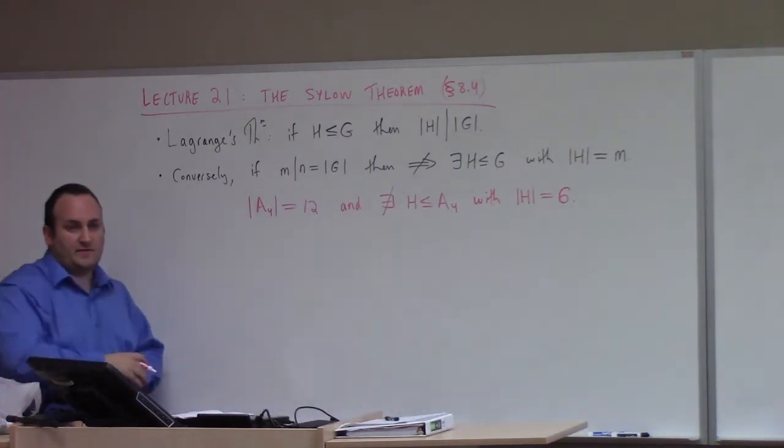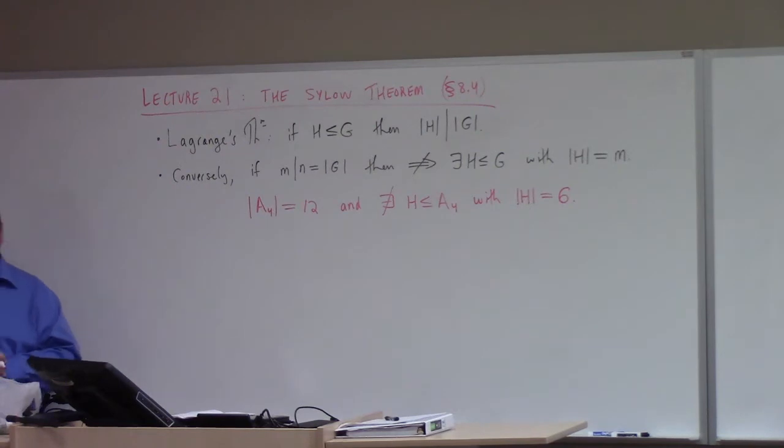Now, I'm not sure I've actually proved that in its entirety in lecture. In fact, I'm pretty sure I haven't. But it's certainly been in your reading. So this is the counterexample to Lagrange's theorem's converse.